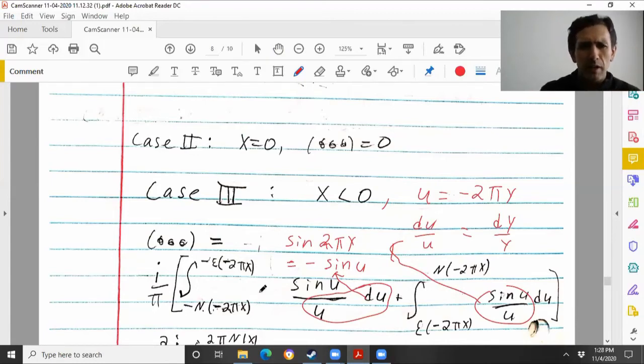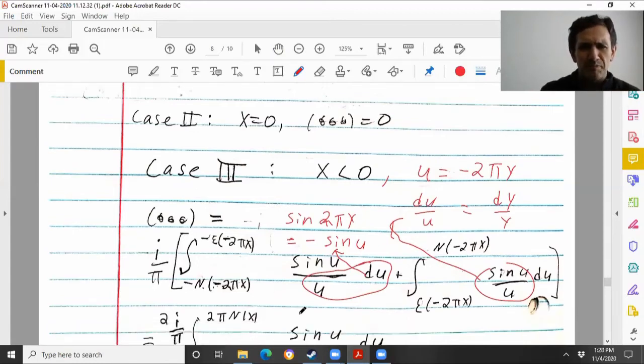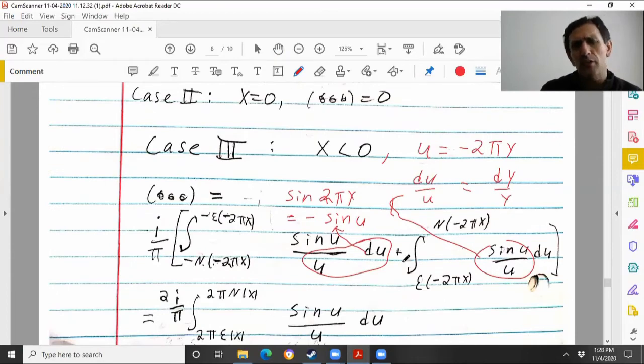And in particular, we get the same integral. Well, again, sine u over u is even. So it's really 2 times the second integral, which is the same thing as if we had absolute value of x, because absolute value of x, when x is negative, is minus x. Okay?